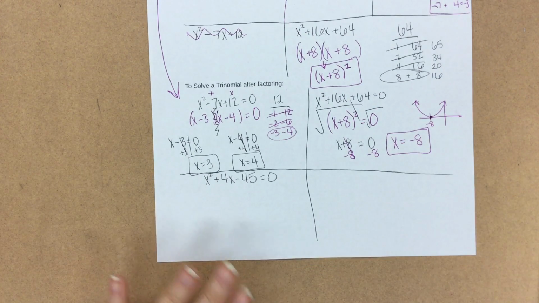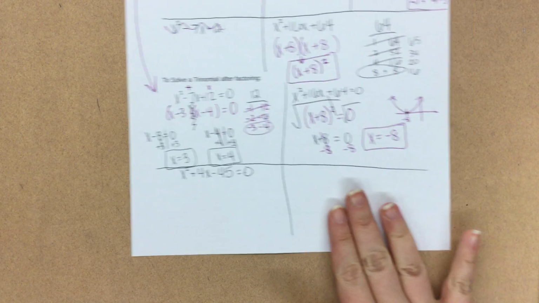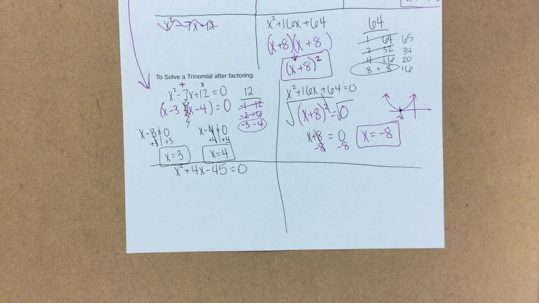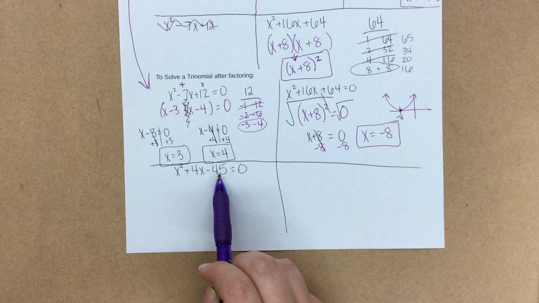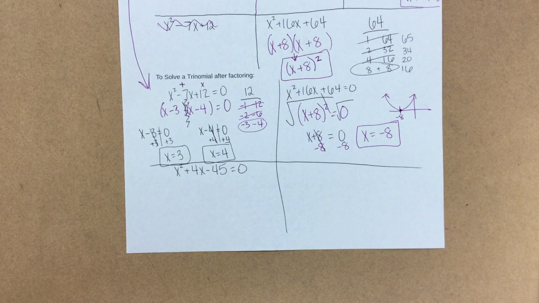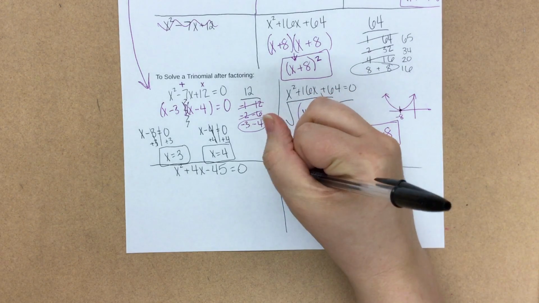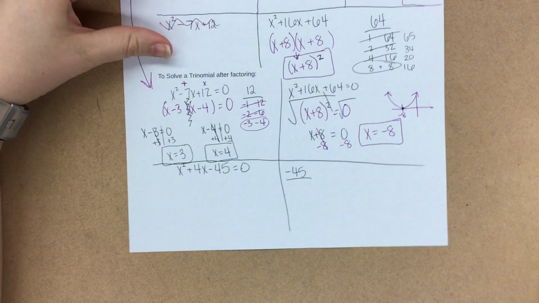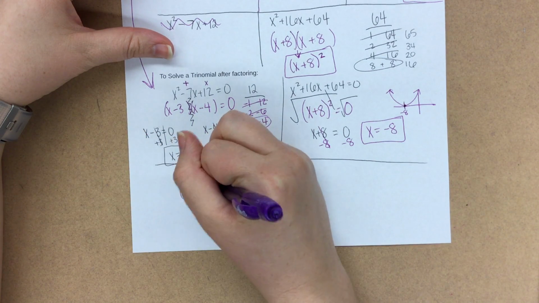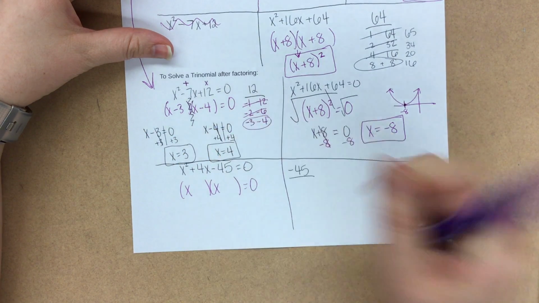All right, let's try one more. I know this is kind of a long video, but this is really important we understand this now. Okay. I have x squared plus 4x minus 45 equals 0. So I'm going to use this space over here. -45 is what I need to find factors of. X and x equal to 0.